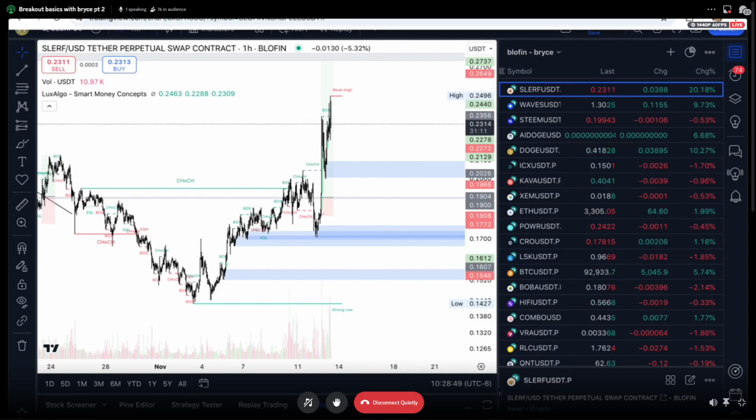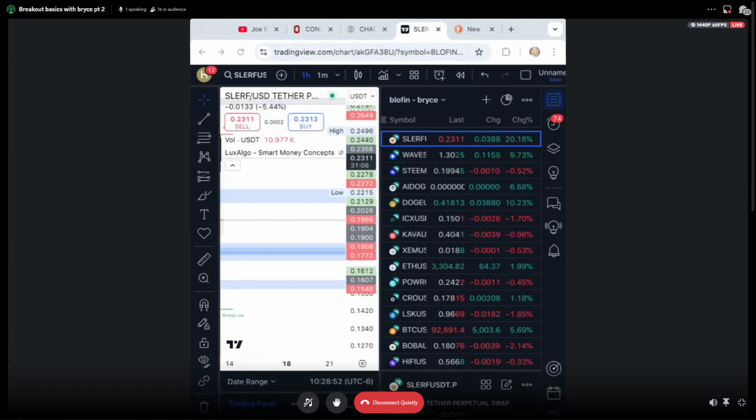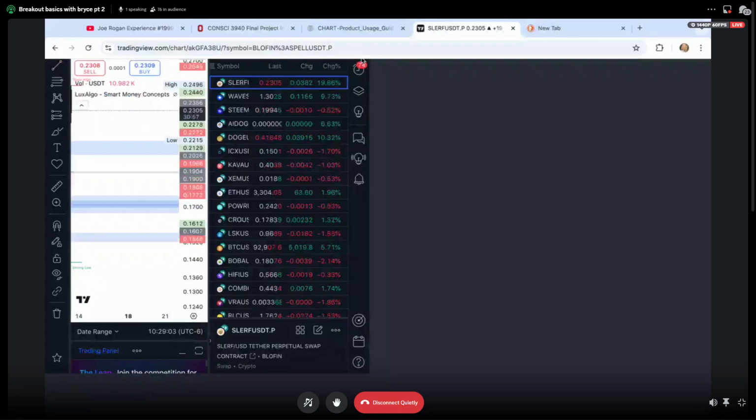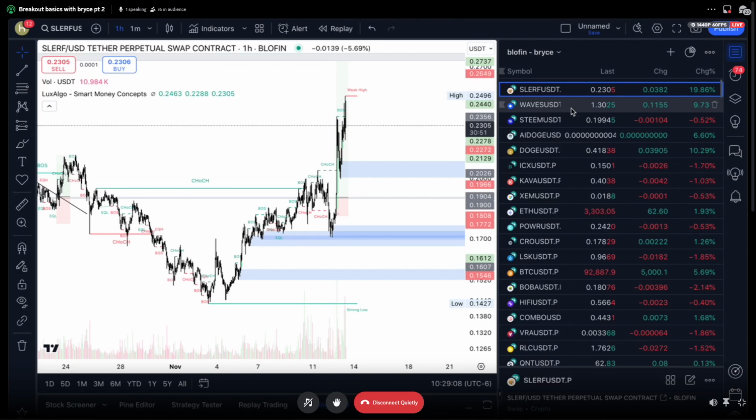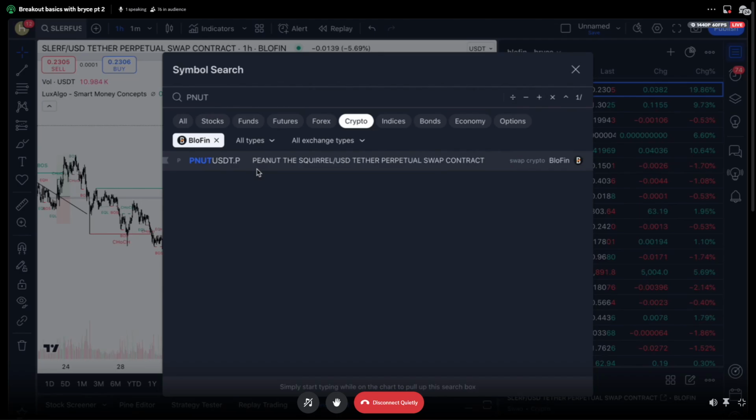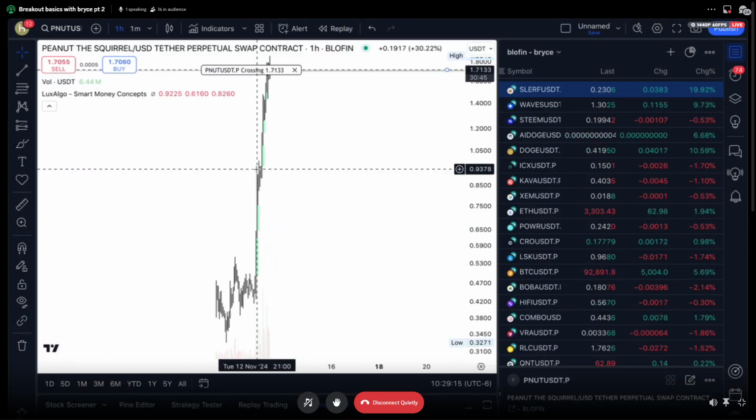Gonna go back for questions real quick. One more. Can you explain how you find a breaker block without indicator? It's the same thing. I'm looking for the last opposing candle before a shift in structure to the opposing side. So like, give me a sec. Let's go back to Peanut just because it's fresh on my mind.